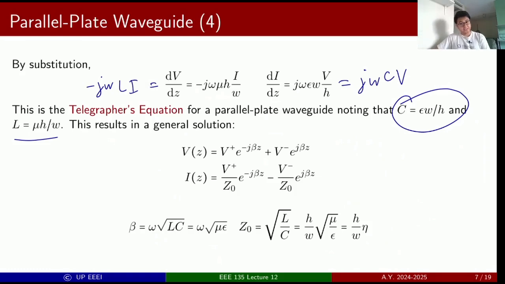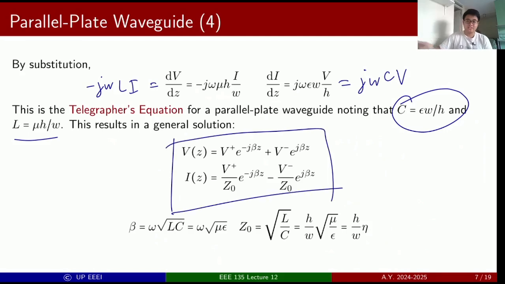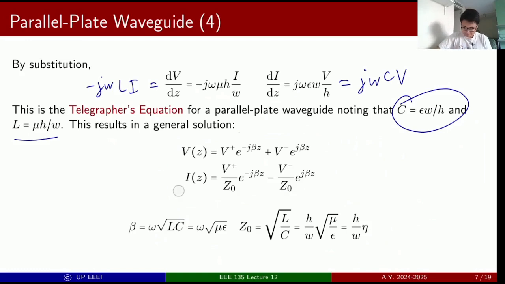You get your telegrapher's equation. And from way back during lecture 1, this is the general form of your telegrapher's equation. We can now relate this characteristic impedance with the intrinsic impedance.